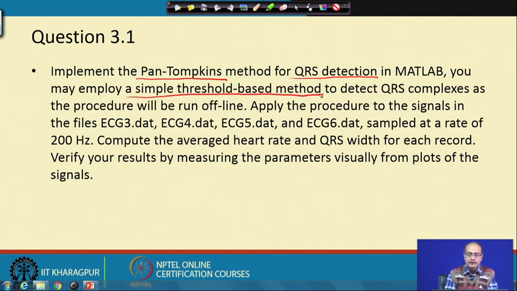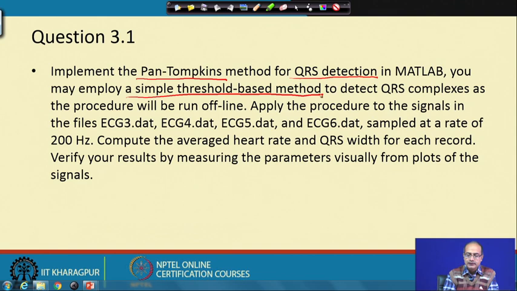We know that the Pan-Tompkins method has a very sophisticated thresholding technique, which requires multiple passes through the same signal and adaptive thresholding. We will simplify that. We will use a single threshold to detect the QRS complex.